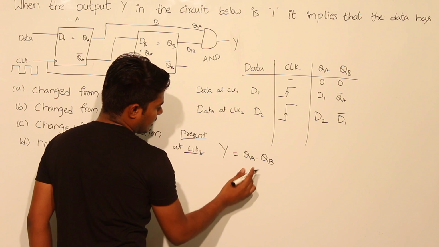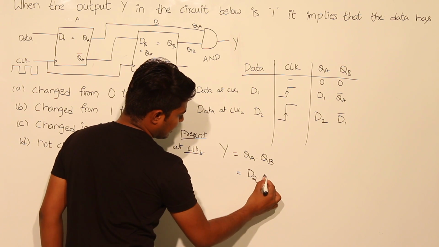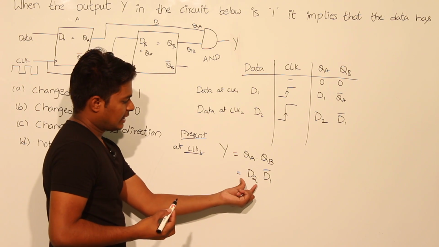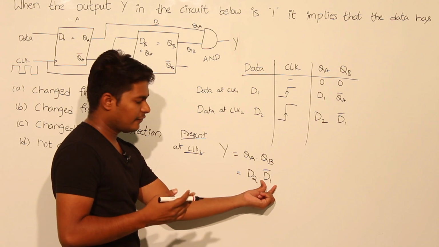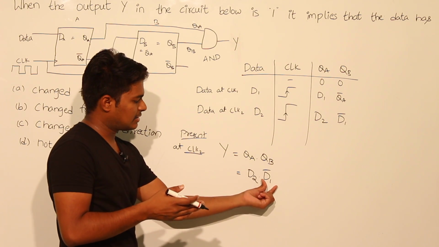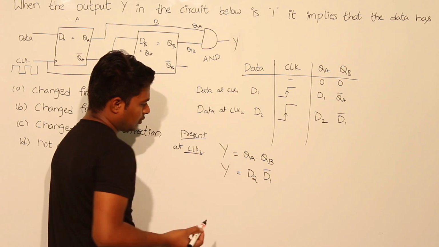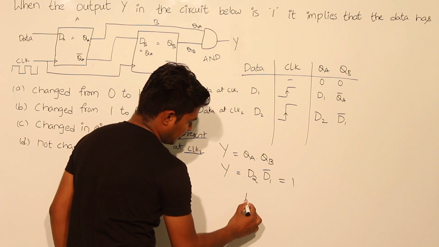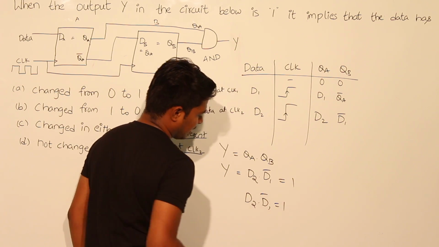The value of QA is D2, and the value of QB is D1 bar, because we have the data at the present state as D2, and for QB we are applying the previous clock pulse, and that too complemented. Now Y has to be equal to 1 in the given question. So D2 into D1 bar has to be equal to 1.